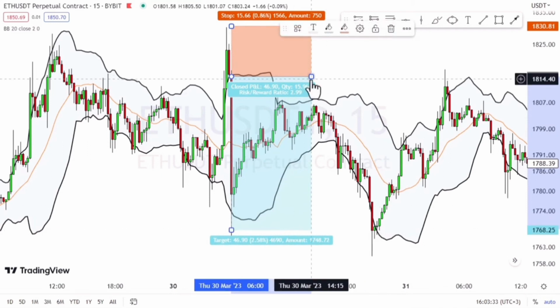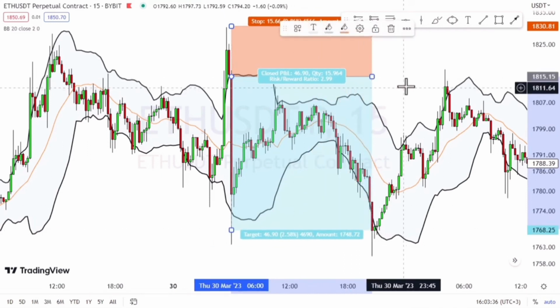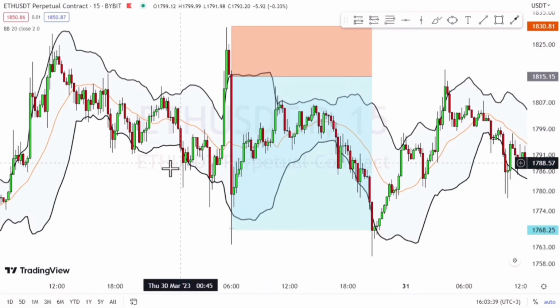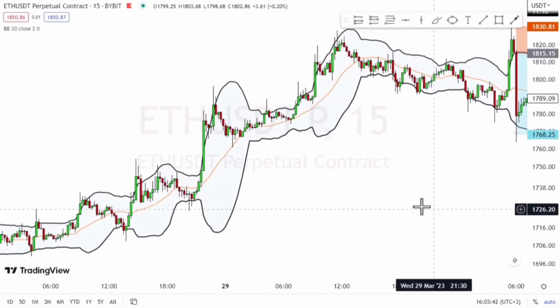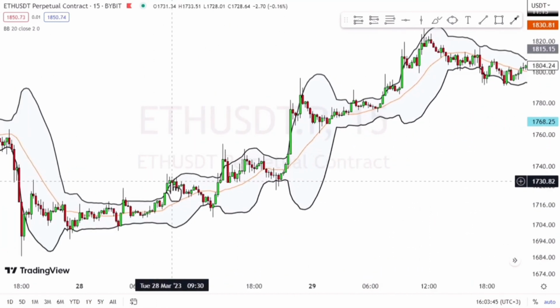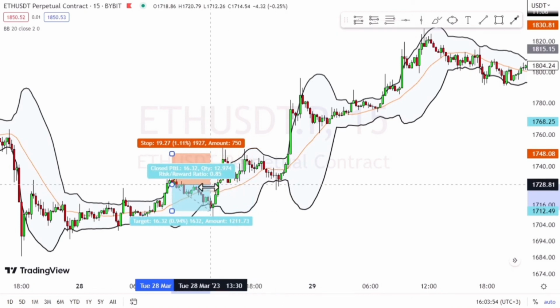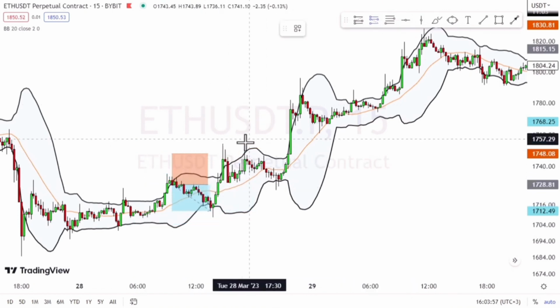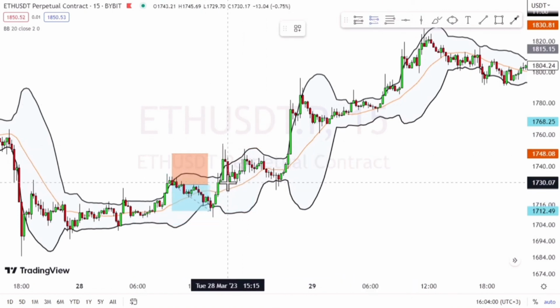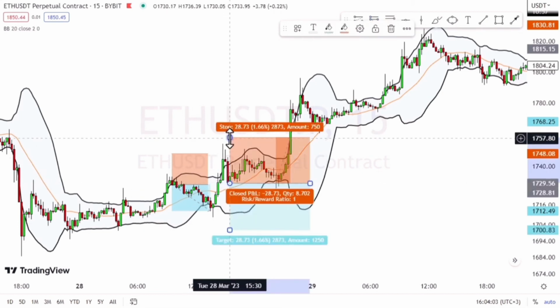But it doesn't really always work. It's a good trading strategy, but if the market is ranging, or going up in a trend, for example here, if you wanted to take short trades here, they would all be losses. For example, this short trade here was a win, but in this case, if you took a short trade here, we had to wait for the price to go back in.